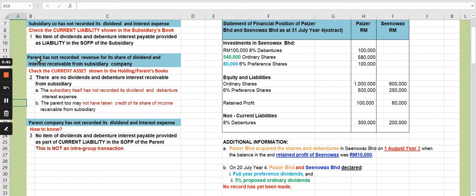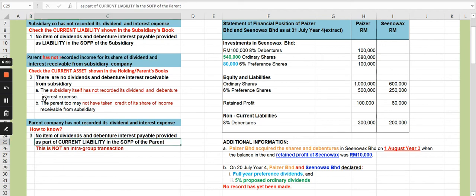The second way of looking at it is to check whether the parent has recorded the revenue from the share of dividends and interest receivable. Has the parent recorded the so-called income from the subsidiary? In your case here, the parent has not recorded the income yet.